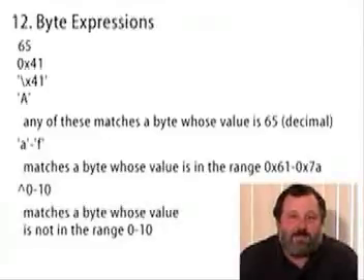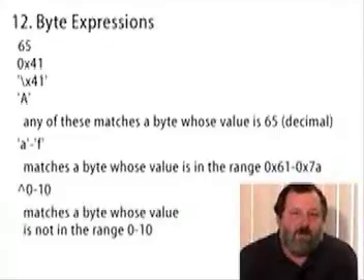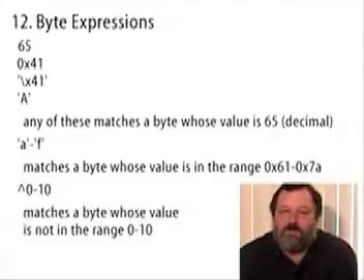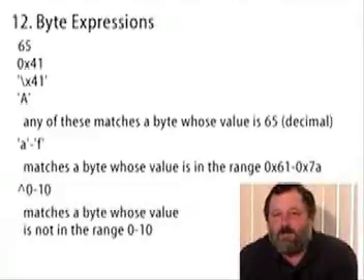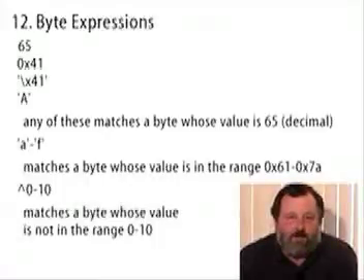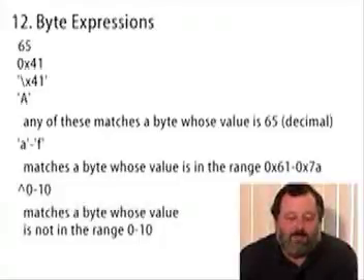For example, to match the uppercase letter A, you can just use an uppercase letter A in single quotes, or you could specify it in decimal as the number 65, or in hex as 41. To specify a range of bytes to match, use a dash with the start and end of the range on either side. For example, A-F will match a byte whose value is anywhere from A to F.